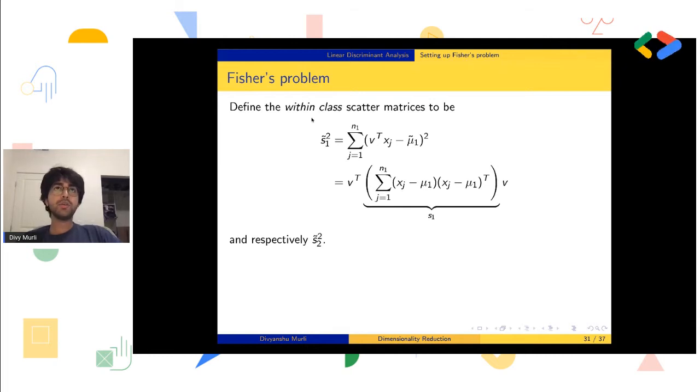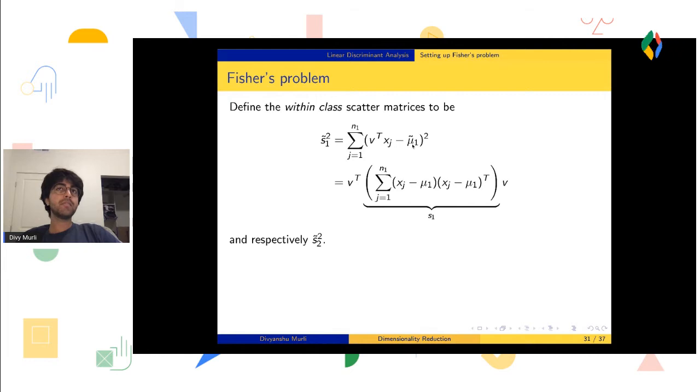The intuitive picture is to optimize the ratio of the amount the two classes are away from each other to the amount of variance within each class. And so S1 tilde squared, this guy here, is really the within-class scattering.